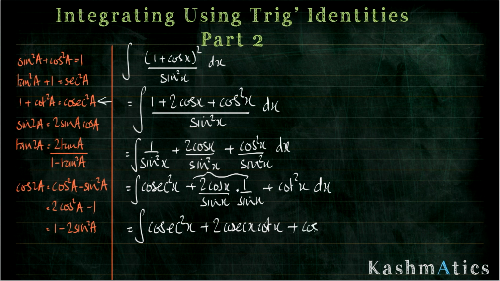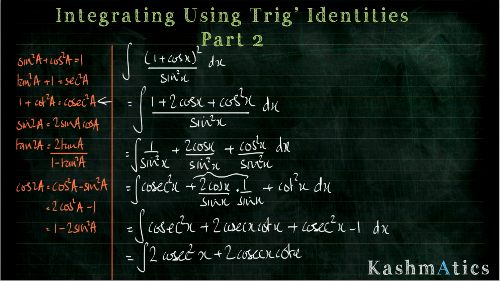So we've got cosec squared x minus 1 dx, and we've got something we can tidy up and now integrate. So let's just tidy up first. We've got 2 cosec squared x plus 2 cosec x cot x, cot x minus 1 dx.